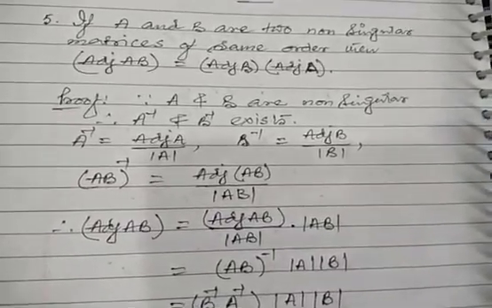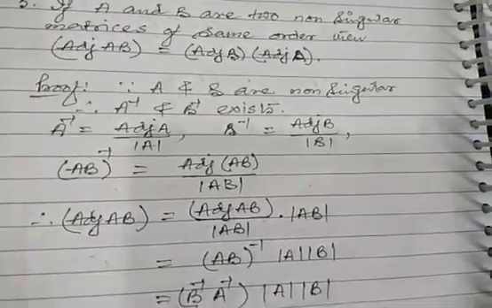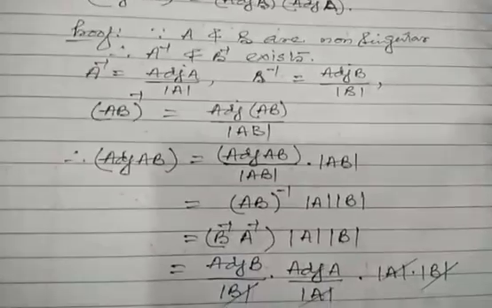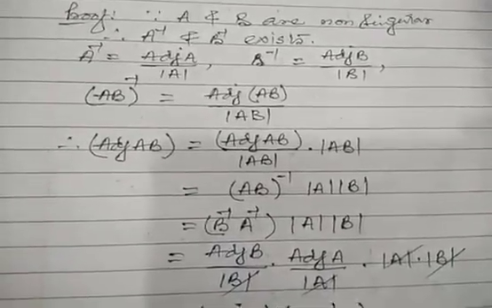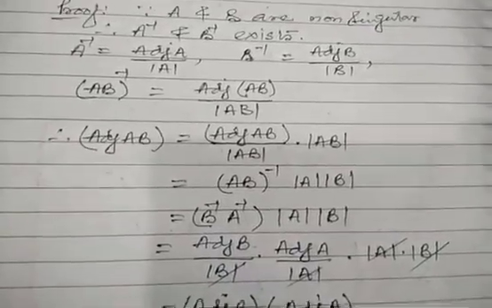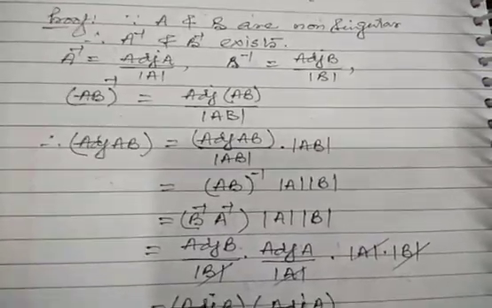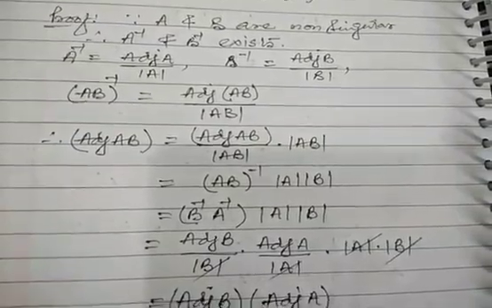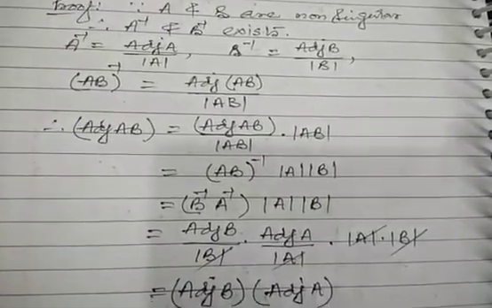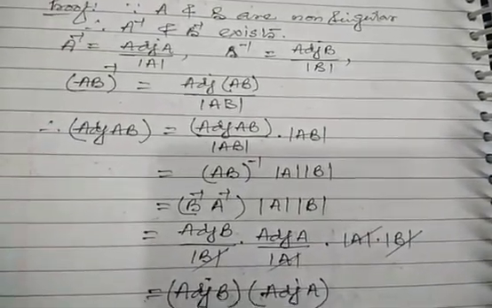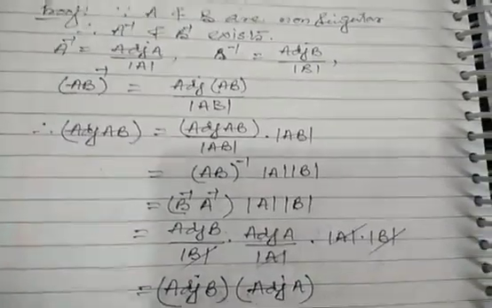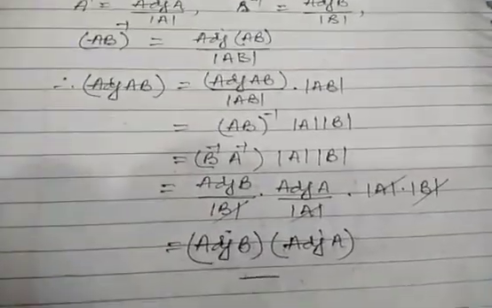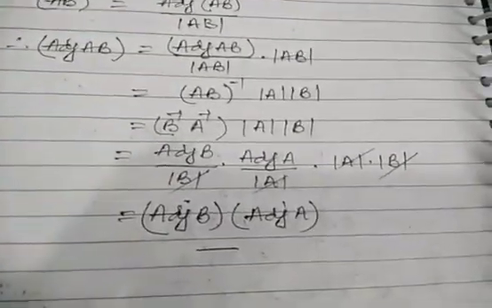Now, we know AB whole inverse is equal to adjoint of AB by determinant of AB. Now, adjoint AB can also be written as AB whole inverse into determinant value of AB, so it is AB whole inverse into determinant A into determinant B, because determinant of AB is equal to determinant A into determinant B. Now we also know AB whole inverse is equal to B inverse A inverse.